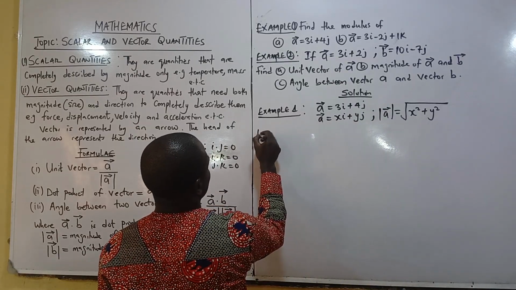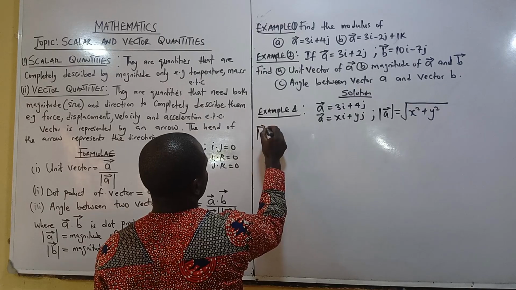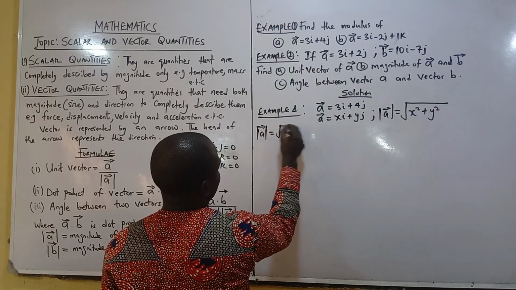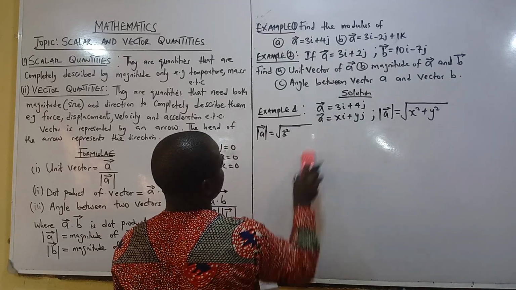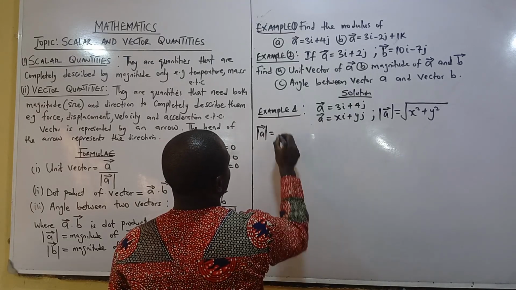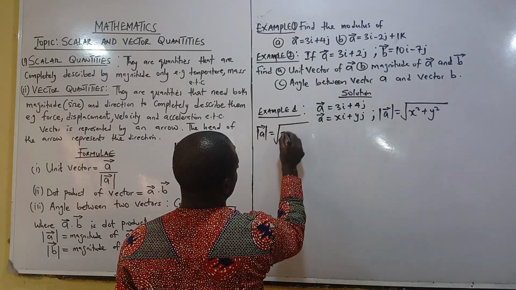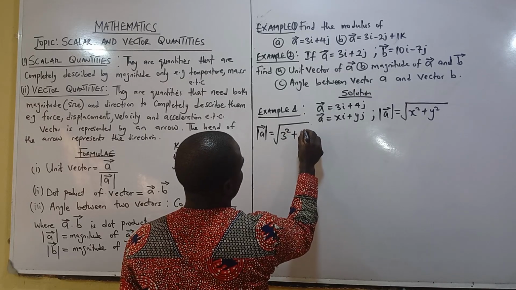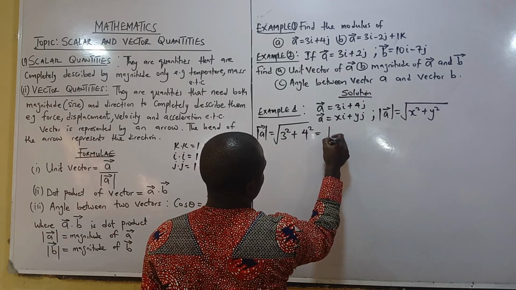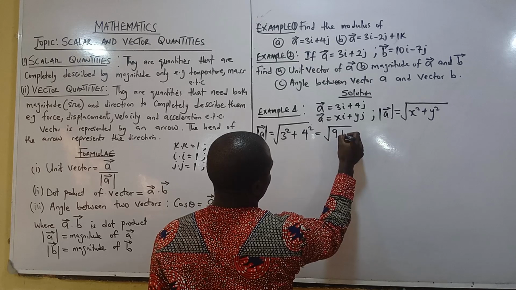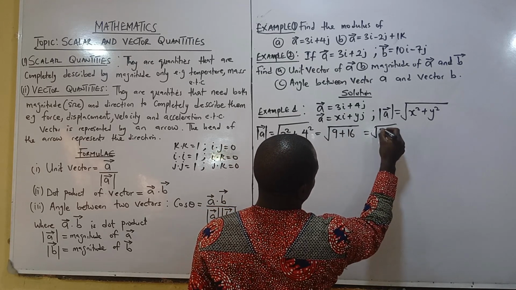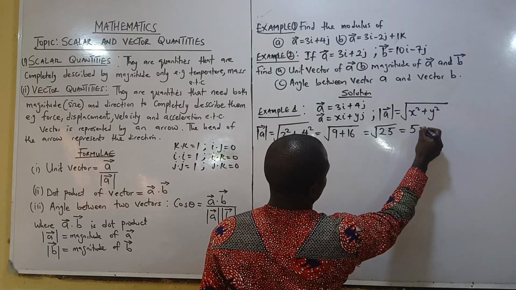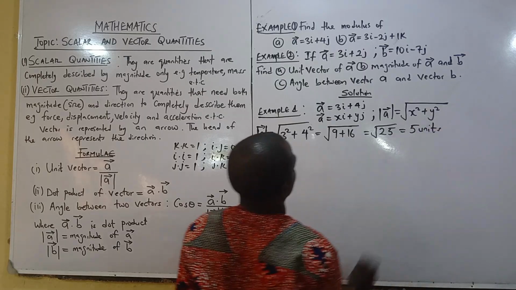Now the modulus of vector A equals, what's our x? x is 3. 3 squared plus 4 squared, which is square root of 9 plus 16. That's square root of 25, which is 5 units.